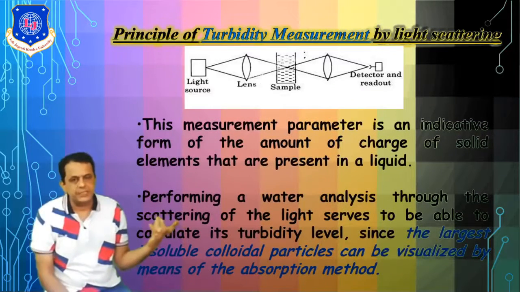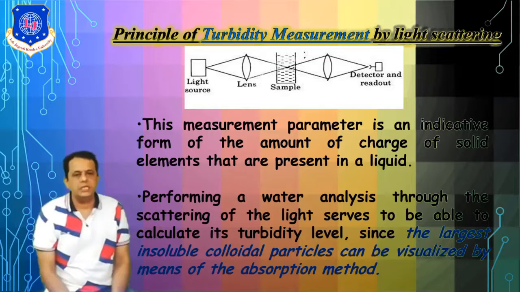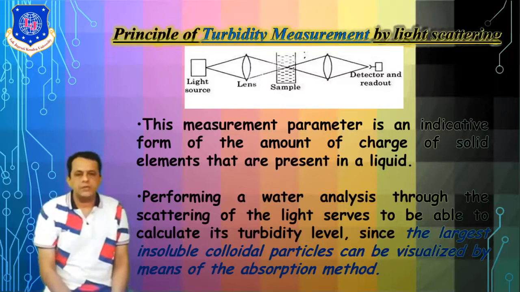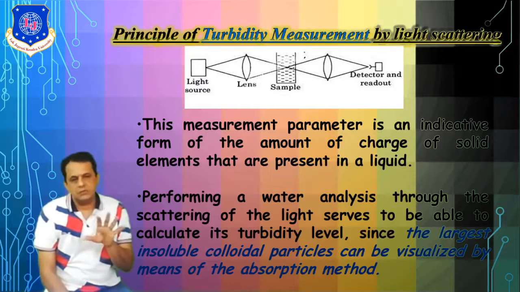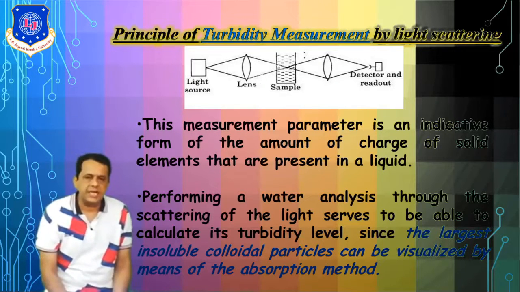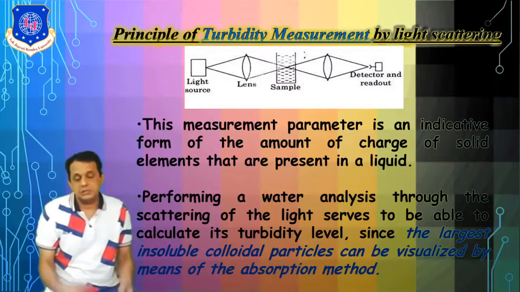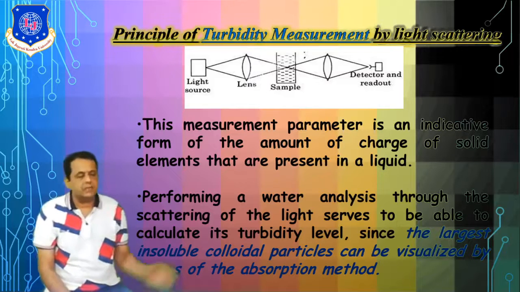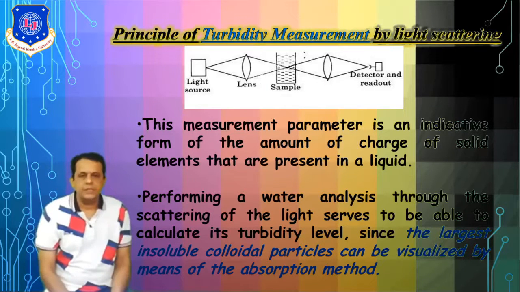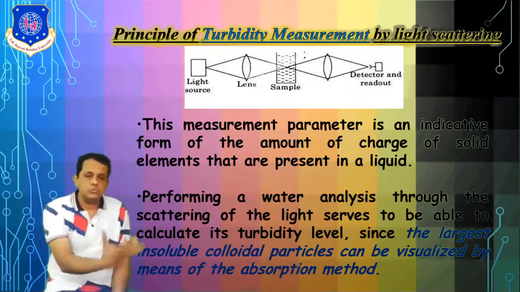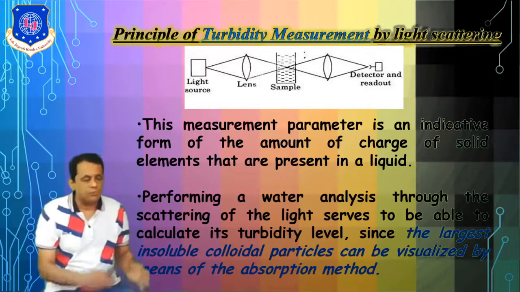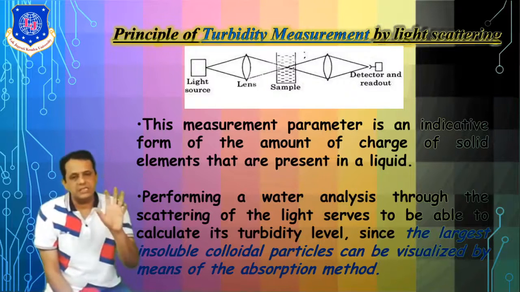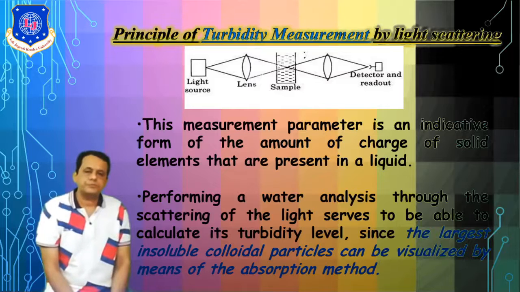The measurement parameter will be an indication of the amount of solid element which is present in the liquid. This water analysis through scattered light serves the purpose of calculating turbidity levels, from lower turbidity to higher turbidity, and will also make out the size of particles, and can be visualized by the absorption method.